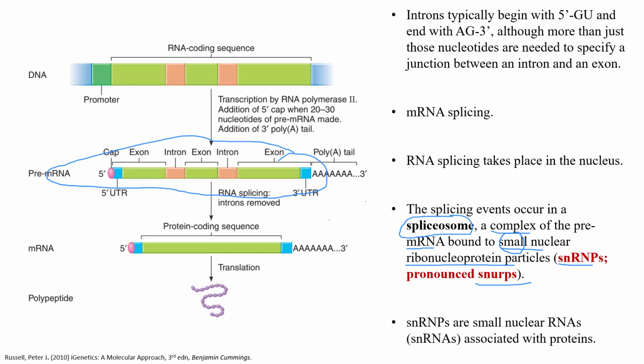the exons. So these SNRPs are large RNA-protein complexes with many proteins, more than 100 proteins participate in this activity. And the small nuclear RNAs of SNRPs are associated with proteins.